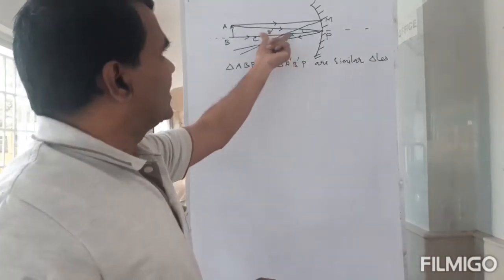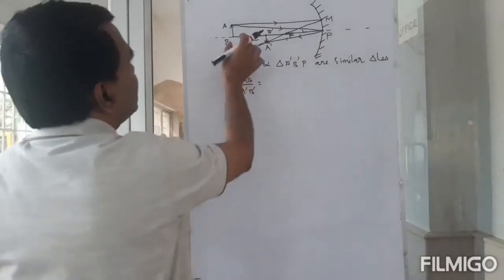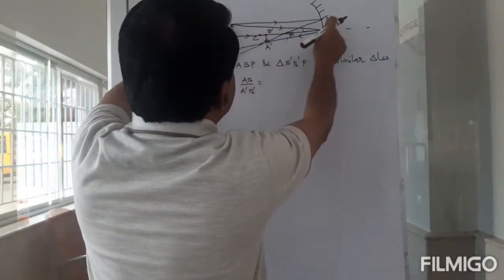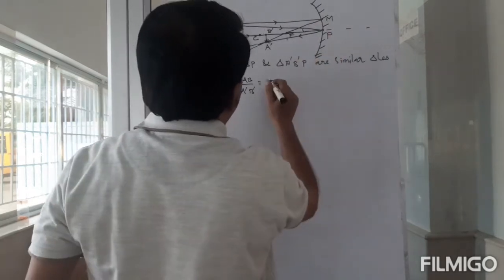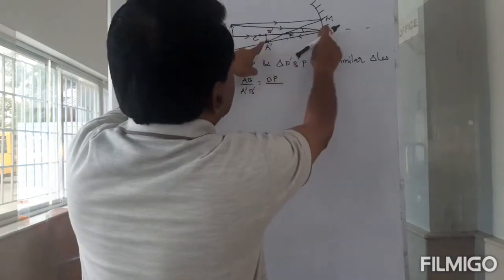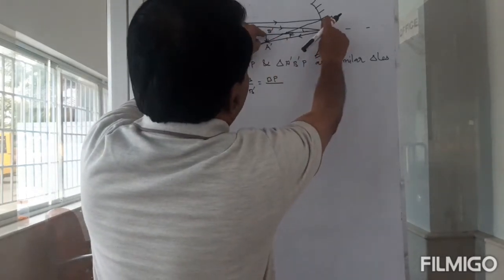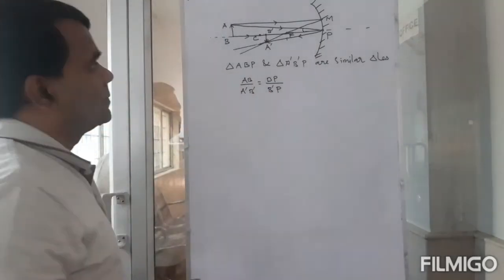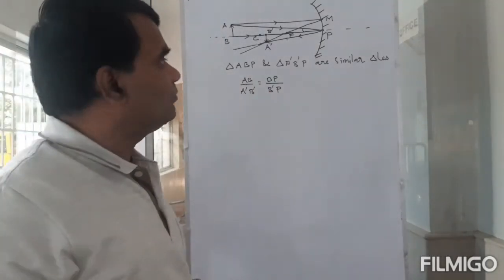So I will take the horizontal distances. For the AB with this triangle, horizontal distance is BP. And for A dash B dash P, the horizontal distance is B dash P. So this is one equation.